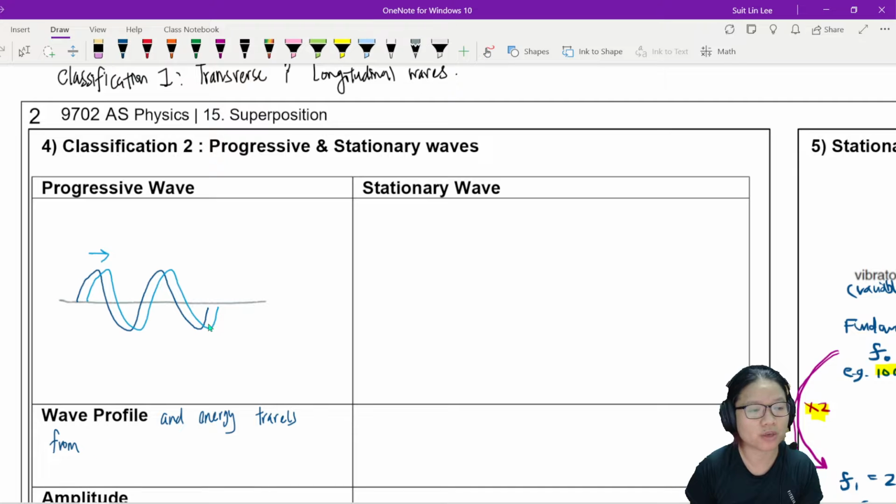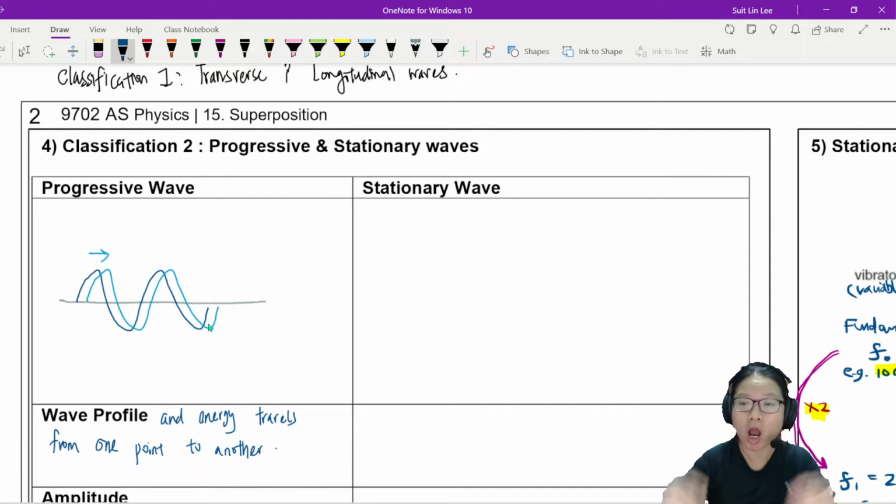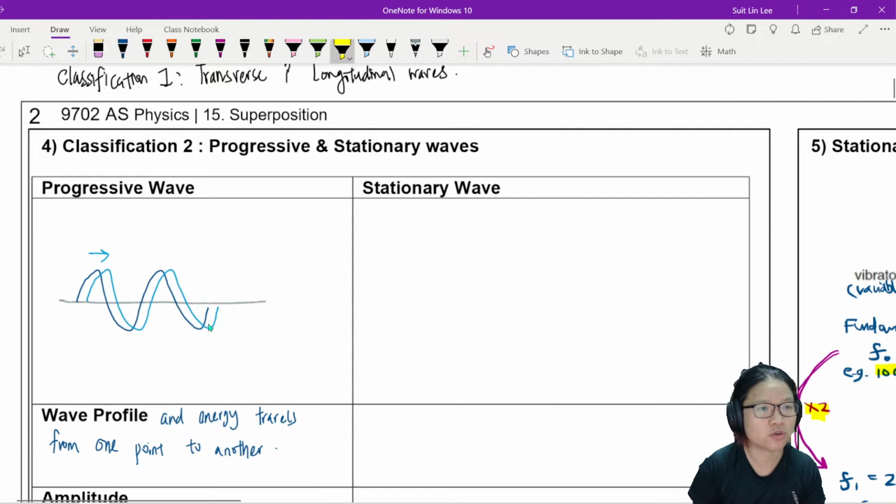This is our regular, good old progressive wave. The key thing about a progressive wave is there is transfer of energy, or a movement of energy, from one point to the other. So the wave profile will travel, the energy will travel.